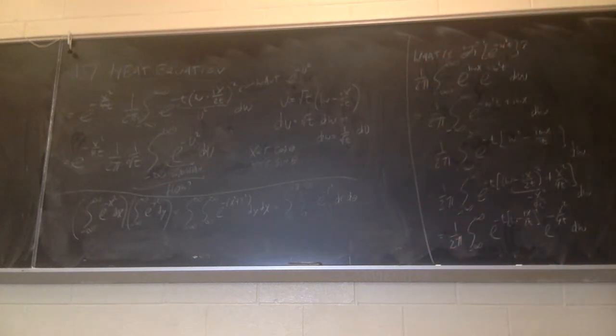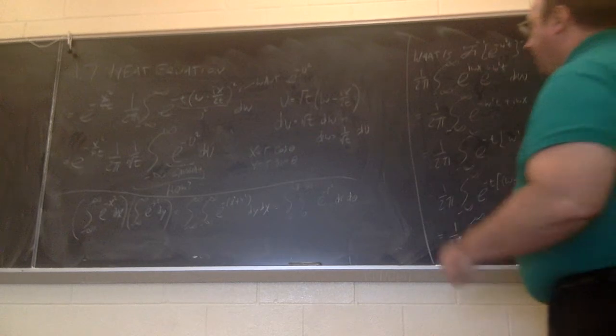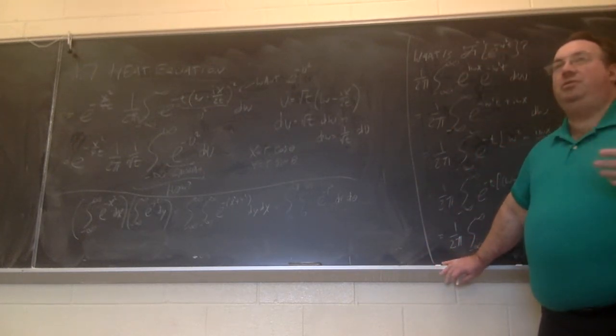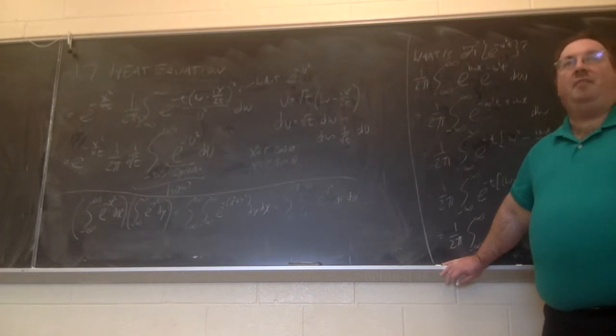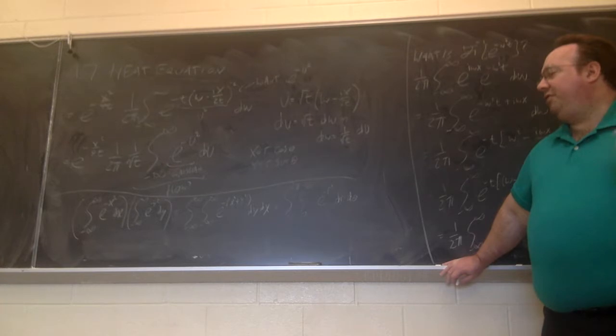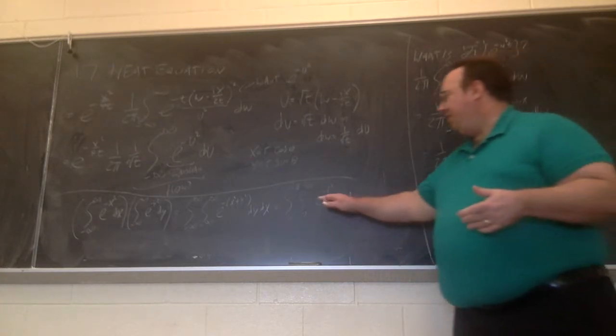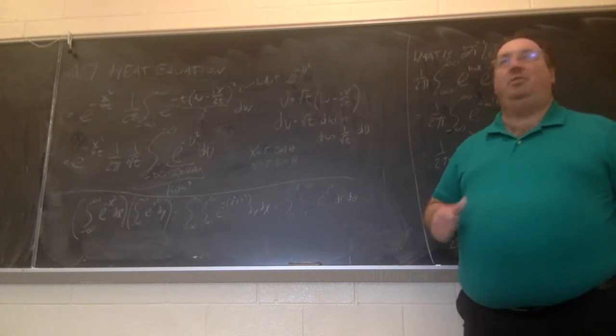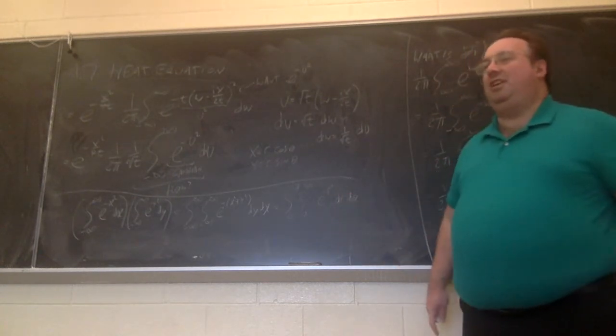You may remember from your multivariable calc that when you make a change of variable like this, you have to include another factor. It's called a Jacobian. And there's a particularly simple factor that you have to remember to include when you switch to polar coordinates. What does it have to multiply here to make this right?